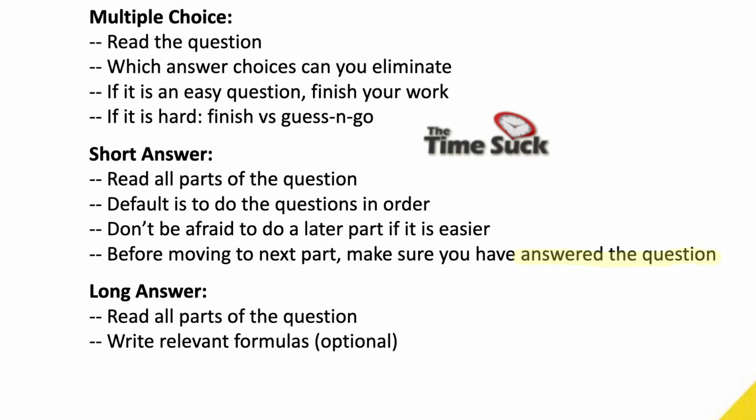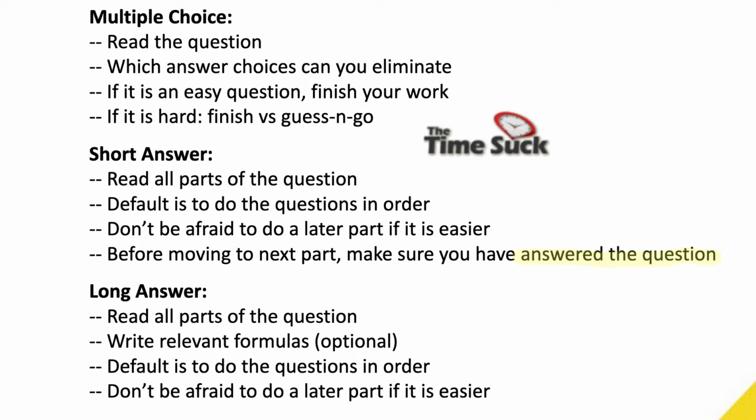People have success with both options, so I'll just put that down as optional. And here again, the default is to do the parts in order. If there is a reason to do a later part, then do it later. So the reasons are the part I'm on is harder, or I don't know how to start, or a later part is easier. Then go ahead, and those are good reasons to move away from the default.